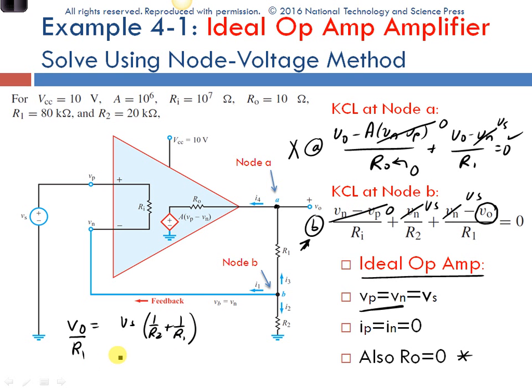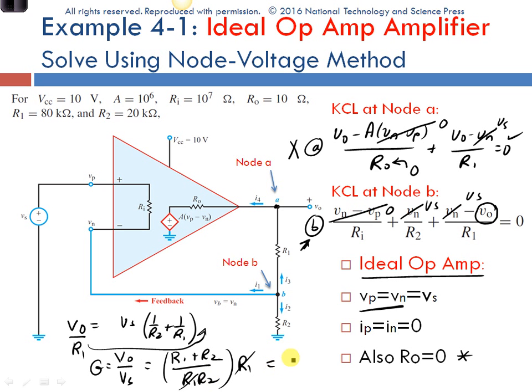So if I solve this, I can say that V out over Vs, that happens to be my gain, is, I'm going to multiply this thing out, R1 plus R2 over R1 R2, and then I'm going to bring this R1 over to the other side. See, this R1 came over here. So now my R1s cancel out, and my gain, which is my output divided by my input, is R1 plus R2 over R2. Awesome.